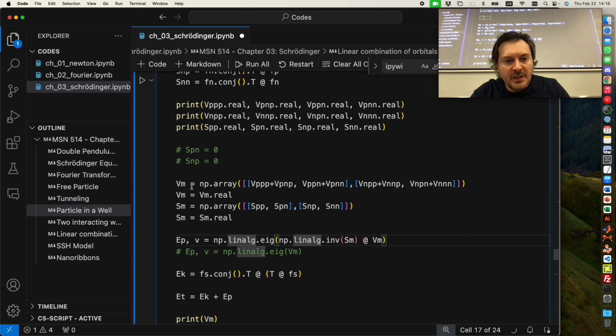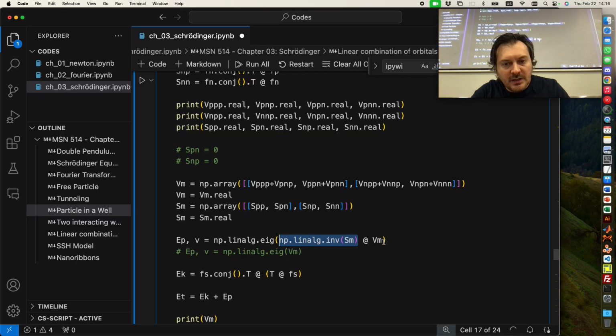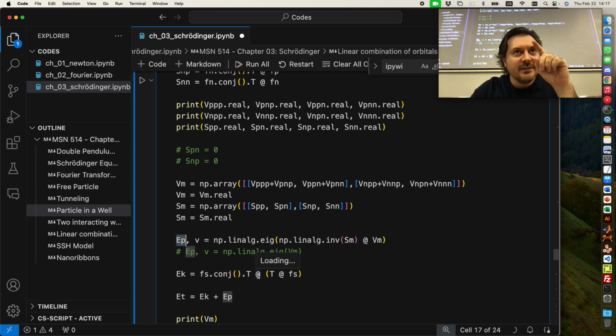We have a matrix that is composed of these elements, and we take the inverse of the S matrix, multiply it with the V matrix, and that will give us the potential energies. And the kinetic energies are just F single conjugate transpose times T times F single.